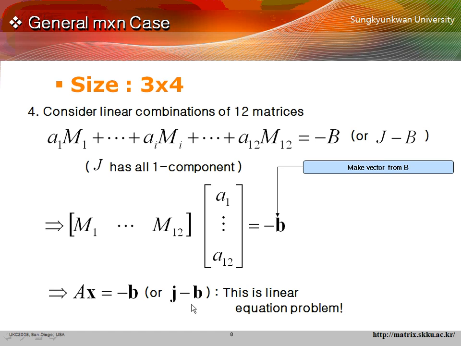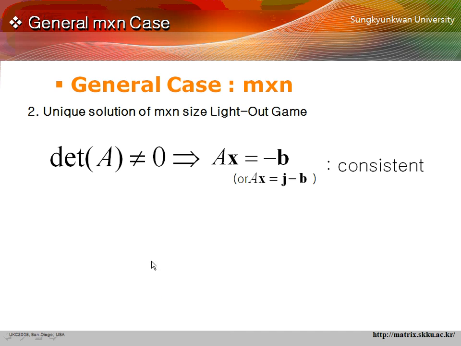This is a very easy problem of solving linear equations. The interesting thing is, even though we have a rectangular size Go game, we have a square matrix like this. So we can think about singularity and non-singularity of this matrix of the size 3 times 4 by 3 times 4. So this is a 12 by 12 matrix.